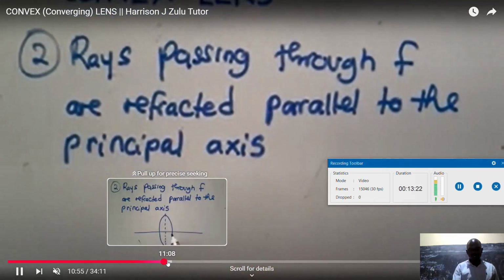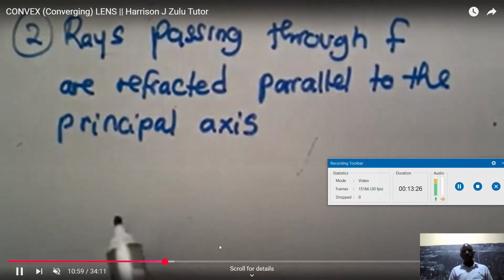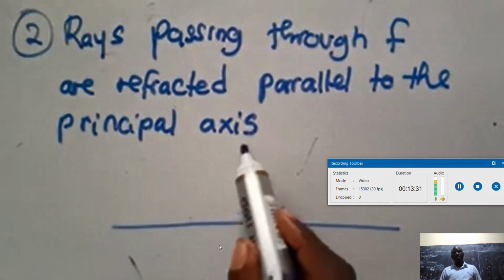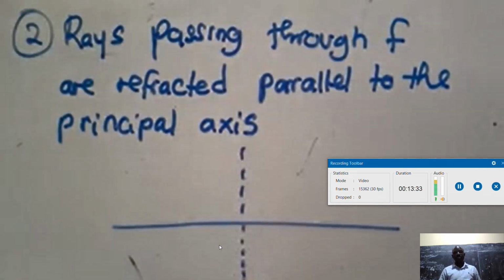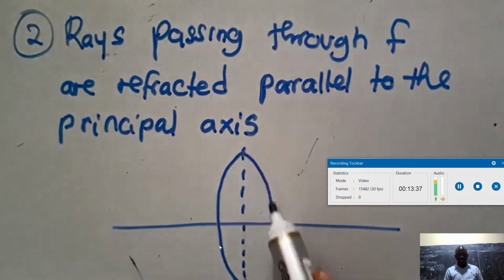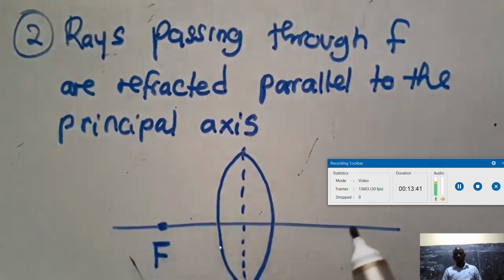So you can look at my simple illustration of this rule number 2, whereby I draw my principal axis and the lens, then the shape of the convex lens, then I have the two F's, one on the left hand side and one on the right hand side, which are representing principal focus.